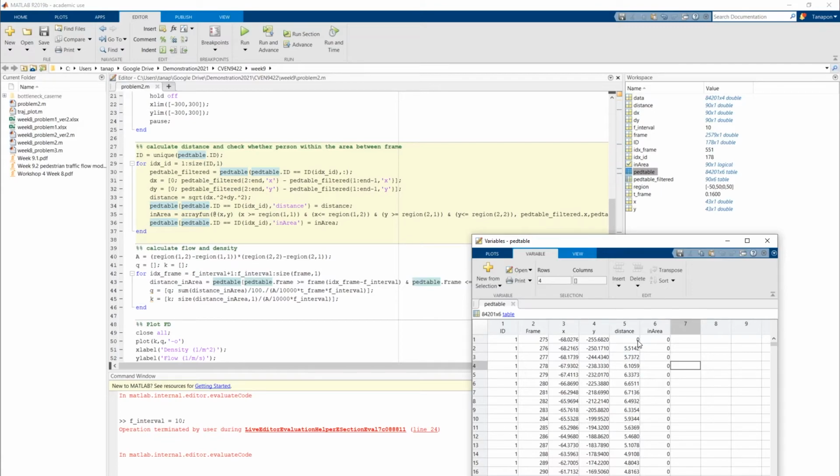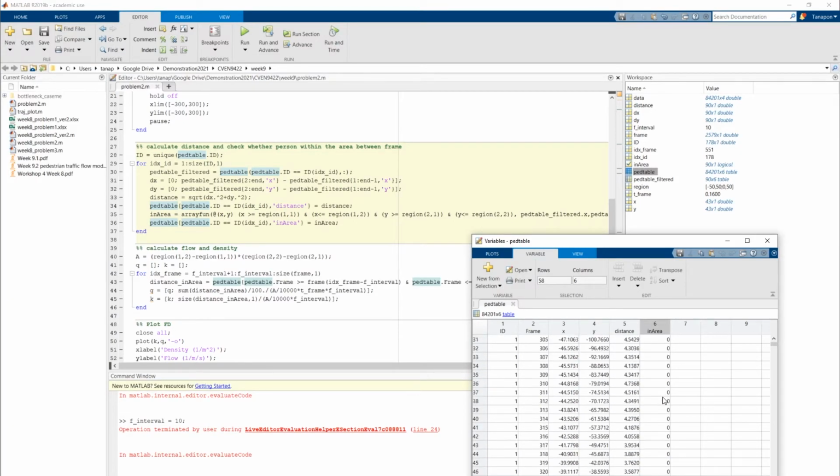So if you run this, you can see we create two new columns. This distance is the distance they travel at the end of each time step. So this distance is from frame 275 to 276, this from 276 to 277, and this regions column is to check if it's inside the box that we're interested in, the region where we're going to do the measurement.